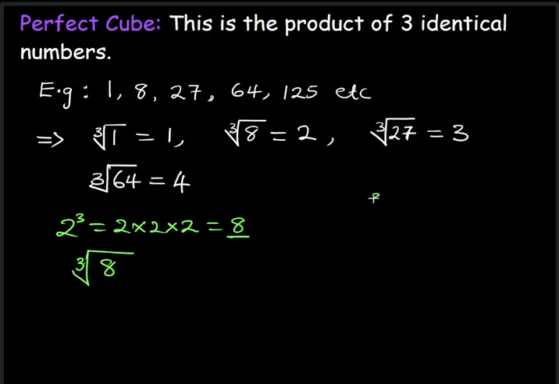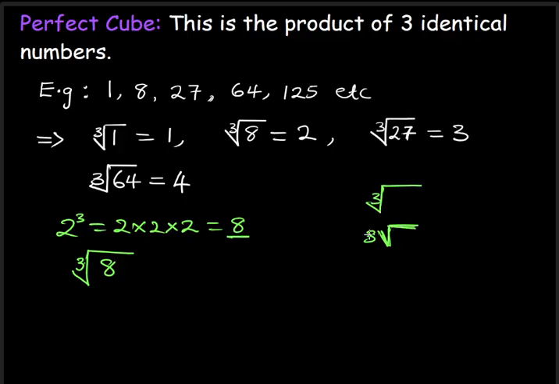Now, there is a difference. This is cube root, and then you doing this. These are different things entirely. This one is cube root. This one means three times square root. This one is cube root, while this one is three square root.